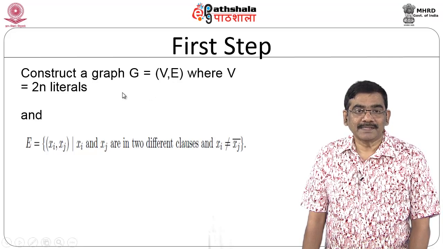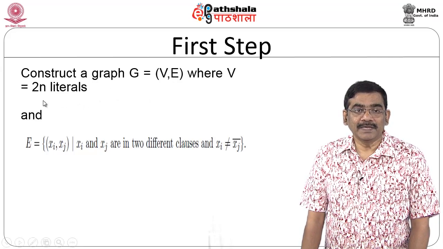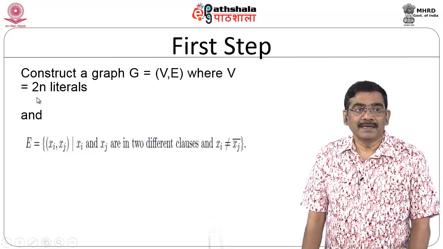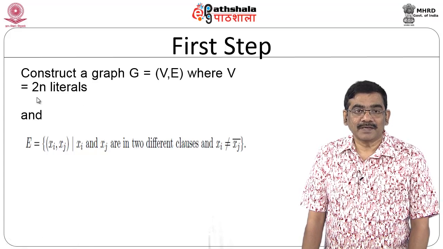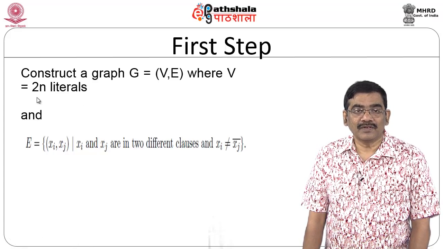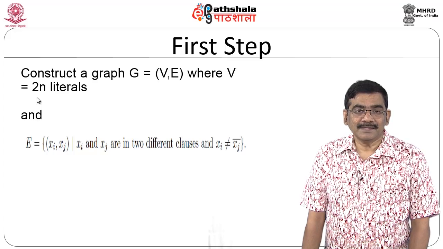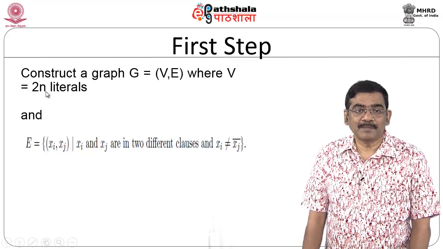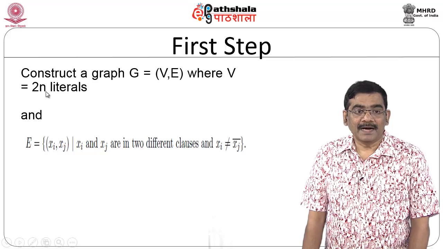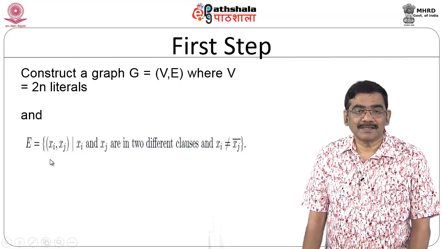So, you can see that there are 2n literals. That means the graph will have vertices whose size is 2n, and the edges are connected like this, where you have two classes.